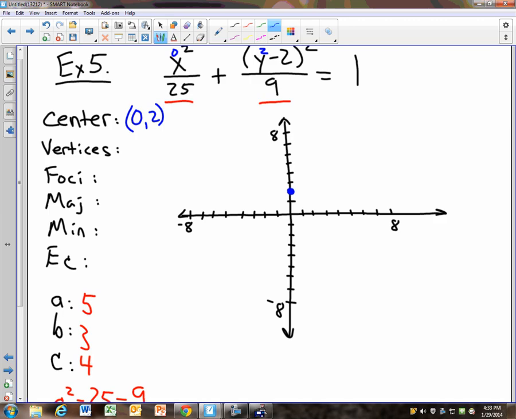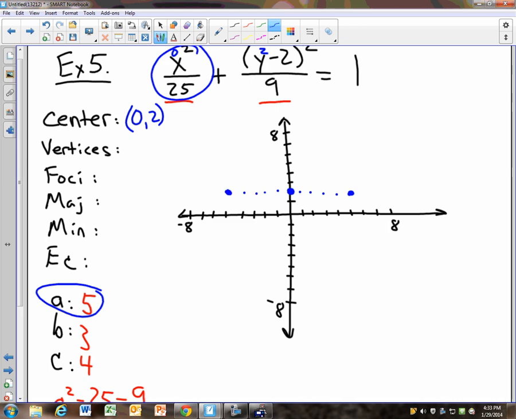Let's begin to draw the ellipse. A is 5, and I travel in the horizontal direction because it's stretched horizontally, because the larger number is under x. 5 units in each direction. I'll draw the dots so you can see what I'm doing.